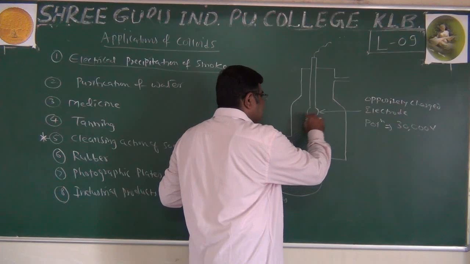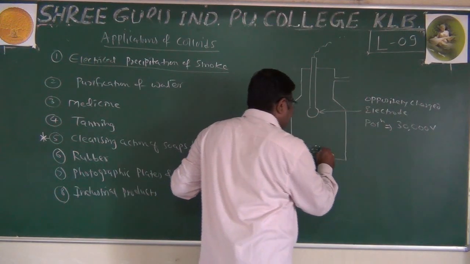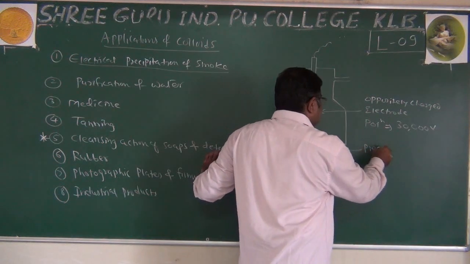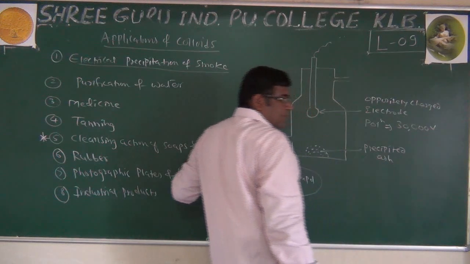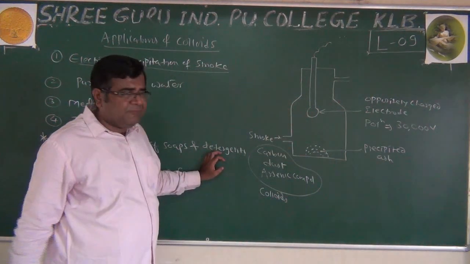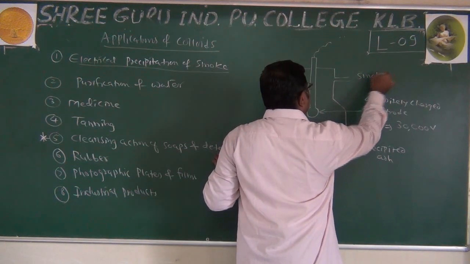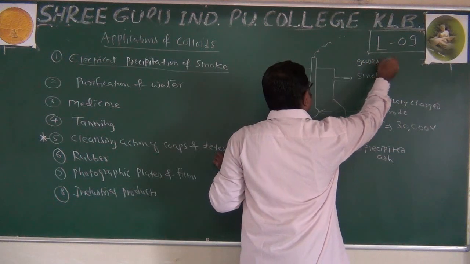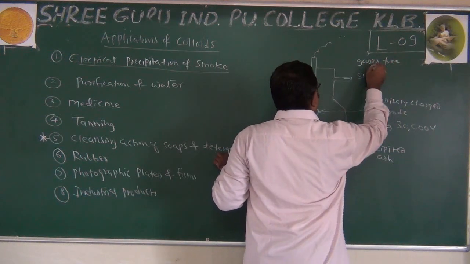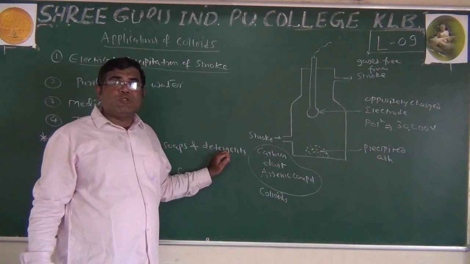The smoke particles come inside and they just precipitate. So it is precipitated ash. All this settles down. So what will come from the outlet? It is gases free from smoke, which will not produce air pollution.